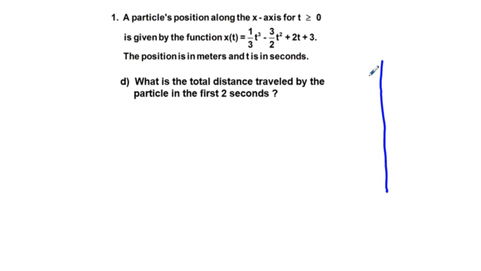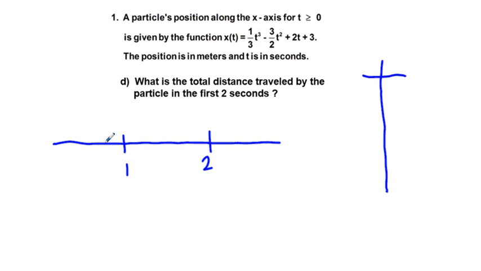Okay, during the first 2 seconds, let's go ahead and look at this. If we just look at our critical points, 1 and 2, and put velocity on top and x of t on the bottom, we have our function, where 0 equals the quantity x minus 2 times the quantity x minus 1.